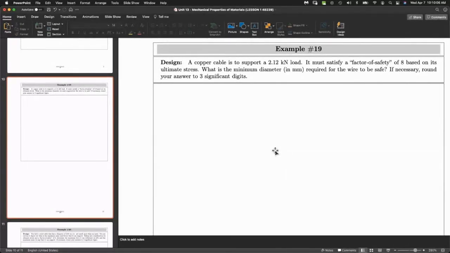We have a copper cable. And I was mentioning at the beginning of class that by the end of class, you could be able to take a copper cable out of your toolbox or shed or garage, and very carefully and with very decent mathematics, good accuracy, predict how much you could lift with it.